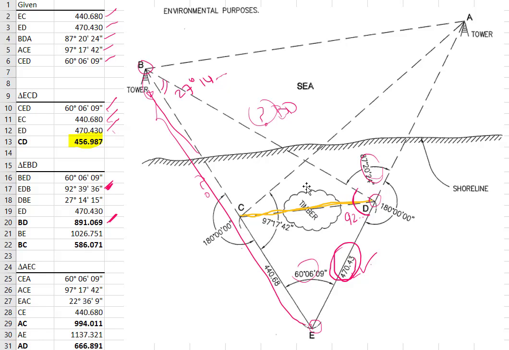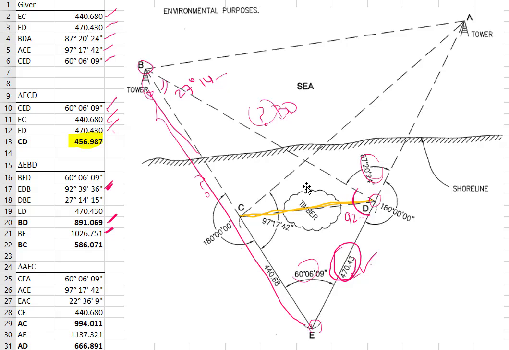So 470 over sine 27 will equal the length BE divided by the sine of the angle of 92. So in this case, we can calculate BE as the length of BD as 1026.751.